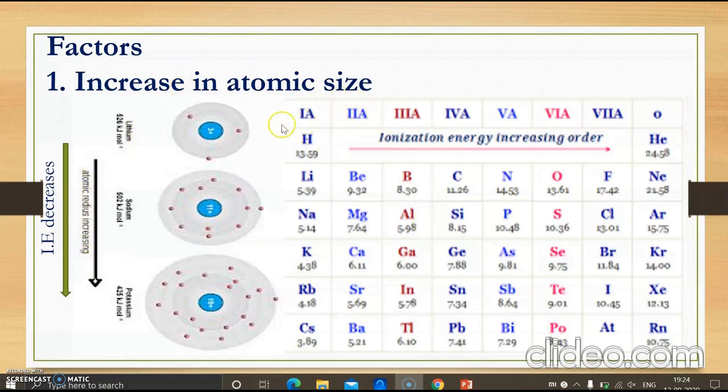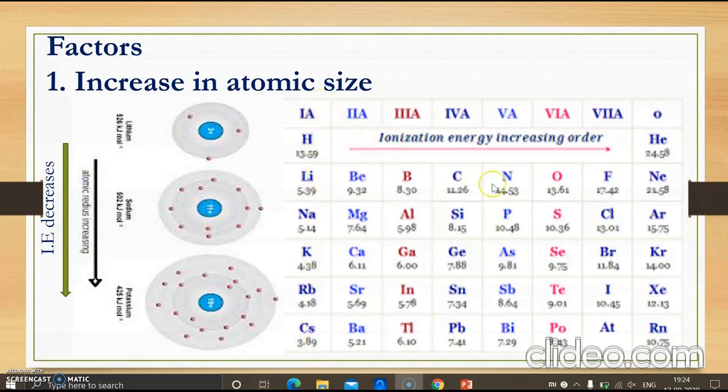Here we see an example: the first group, the alkali metals, from hydrogen to cesium. Hydrogen has an ionization energy of 13.59, as compared to cesium, which shows 3.89. This is top to bottom.